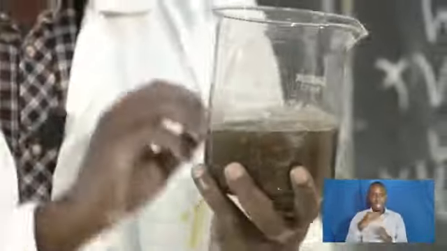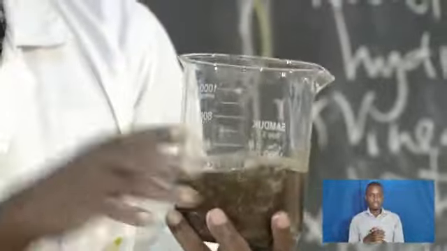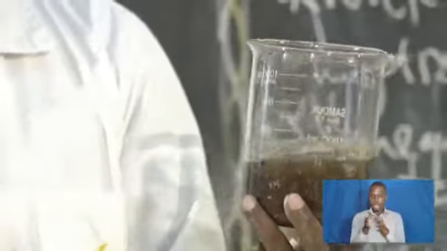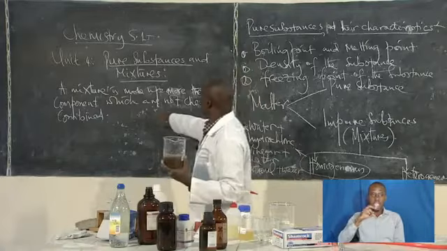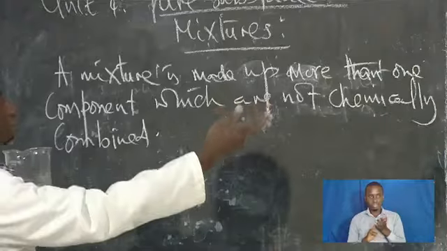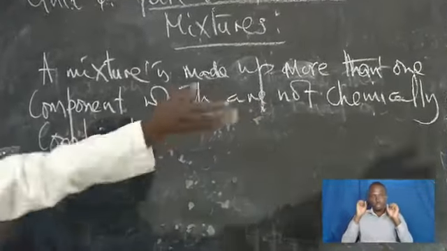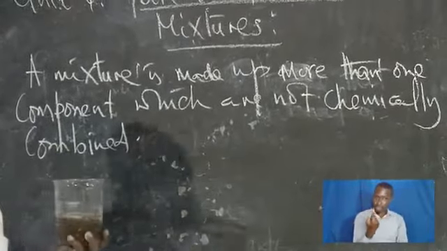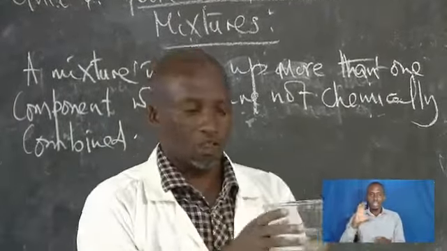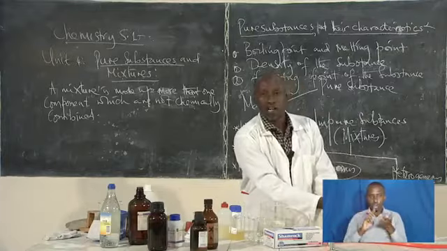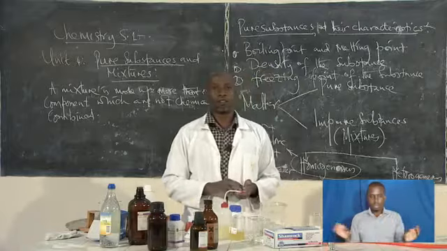They just mix. So you can separate this one by using physical means. You don't need to use chemical means. So a mixture contains more than one component, and they are not chemically combined. By using simple physical methods, this can be separated.